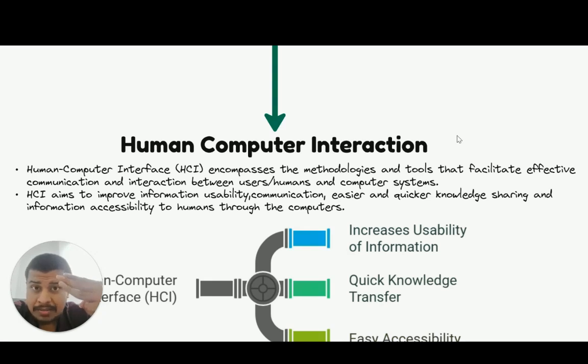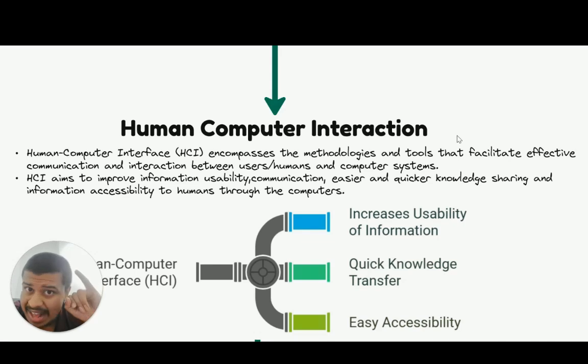Right? Fine. So what are the major three characteristics of this tool? What has it done by paving way to human-computer interaction? By paving way to human-computer interaction, it has increased the usability of information. Before even increasing the usability of information, it has first increased the information accessibility. So it has democratized information access.